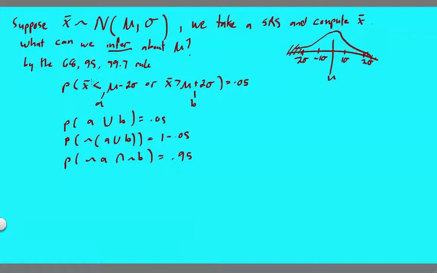So this is saying x bar less than this, so the negation of that would be the probability that x bar is greater than or equal to mu minus 2 sigma and x bar less than or equal to, instead of greater than, mu plus 2 sigma, equals 0.95.